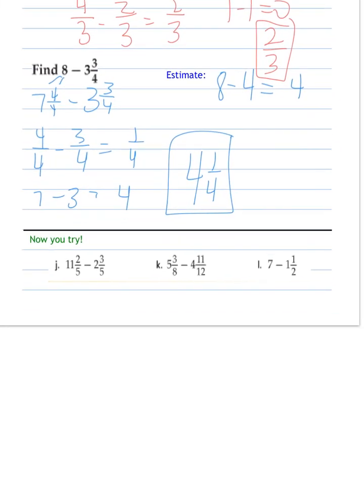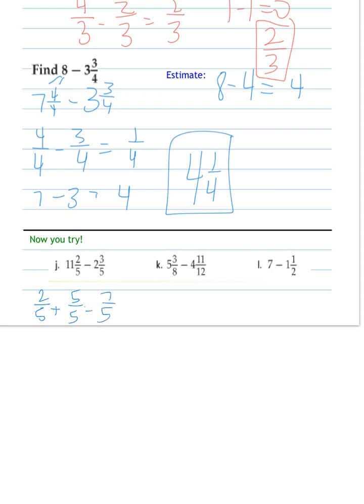Here's some for you to try on your own, and then come back and check. 11 2/5 minus 2 3/5. So I'm going to take one of those 11s and make it into fifths. So now I have 2/5 plus 5/5 equals 7/5.